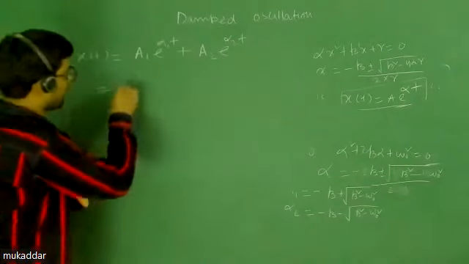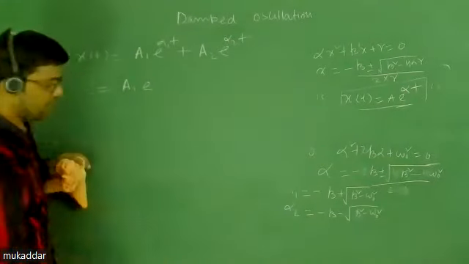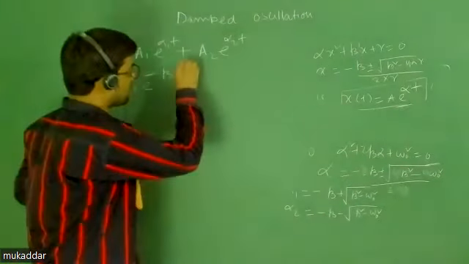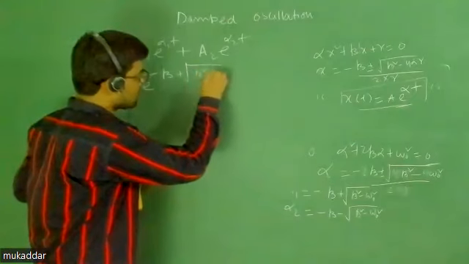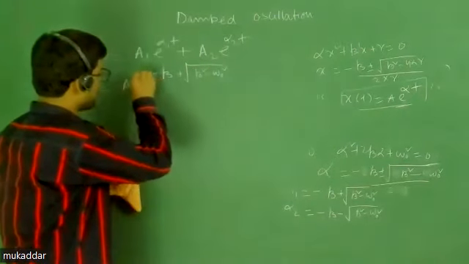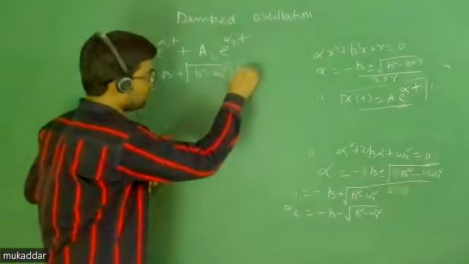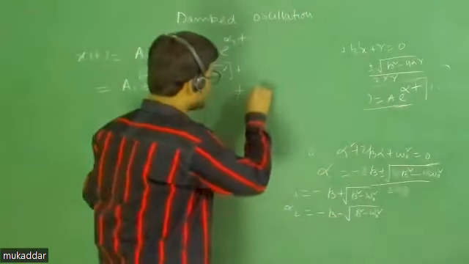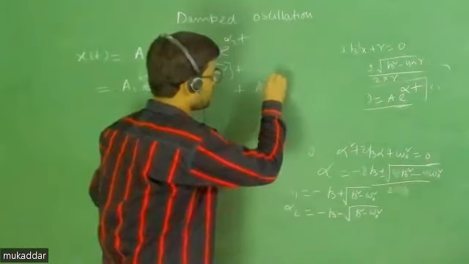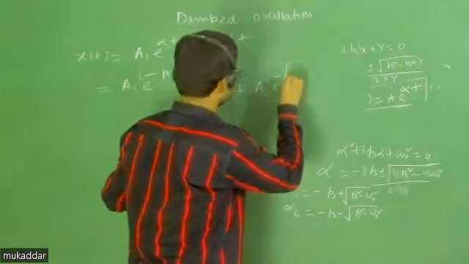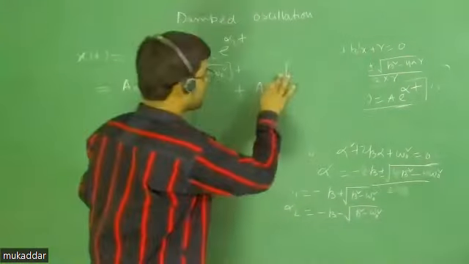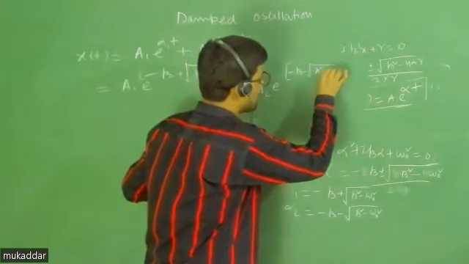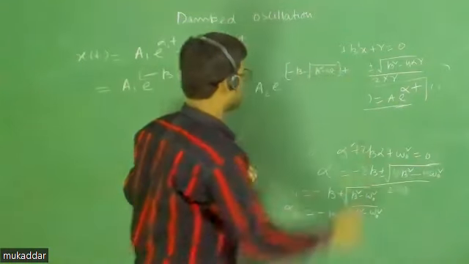So I'll substitute those values. You'll have a1 e the power alpha 1, which is minus beta plus square root of beta square minus omega naught square, into t, and then you have a2, some constant, into e the power minus beta minus square root of beta square minus omega naught square into t.